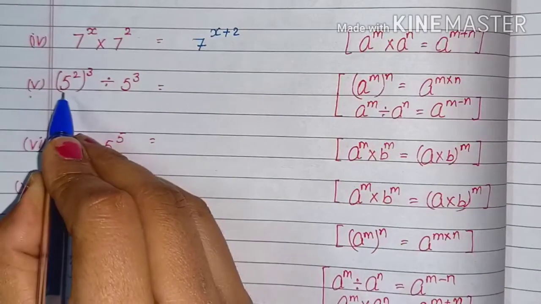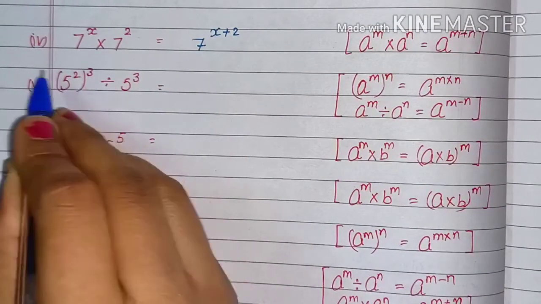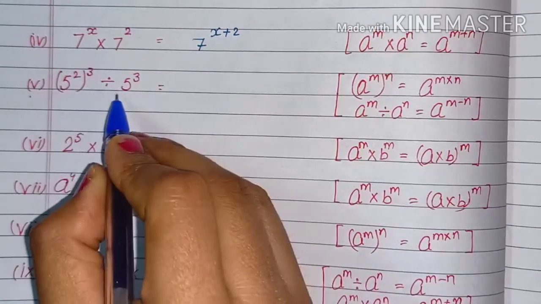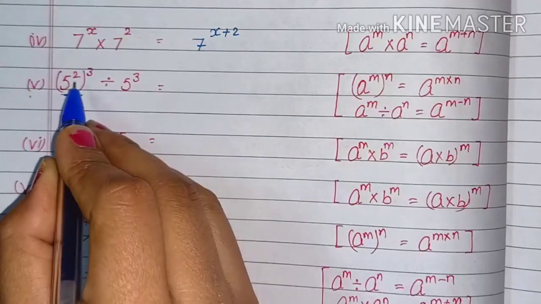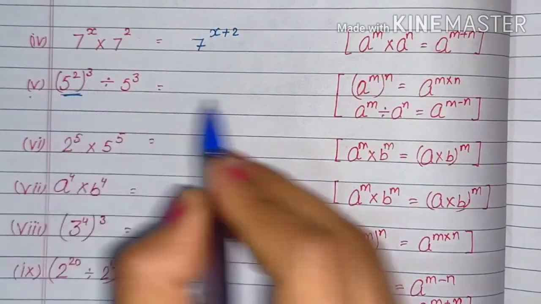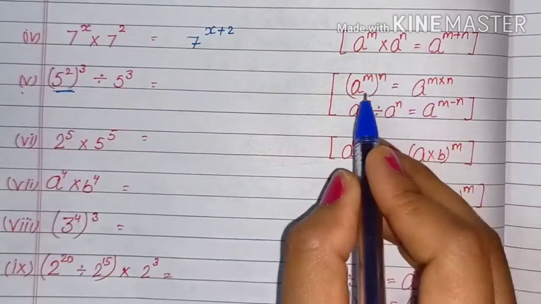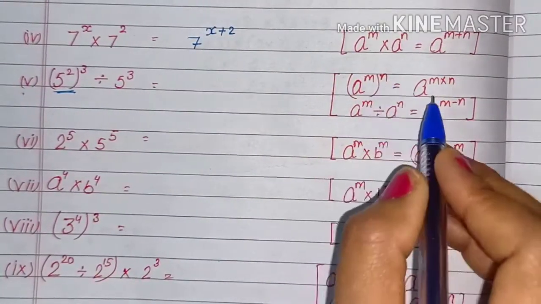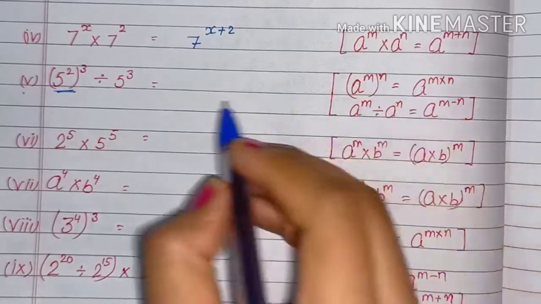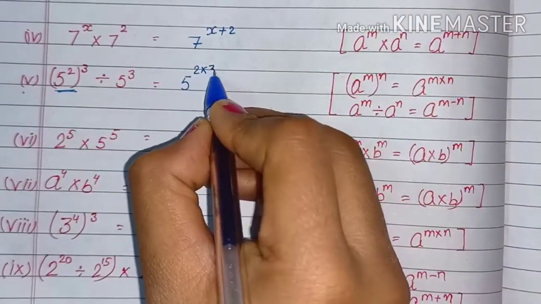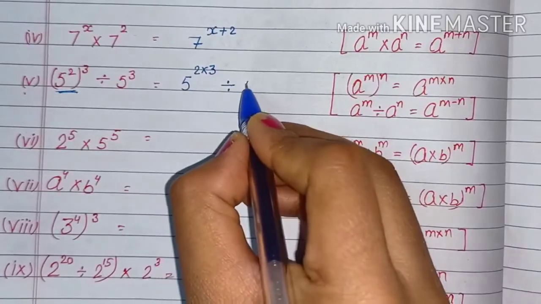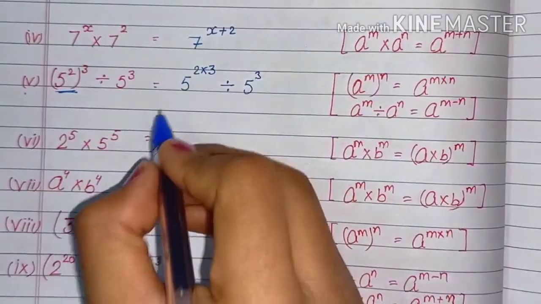In the fifth part, we have 5 raised to power 2 and then again power 3, divided by 5 raised to power 3. First we will solve this. If it is power of power, then we will multiply the powers. Using this law, a raised to power m, to the power n, we will multiply the powers. So here it will be 5 raised to 2 multiplied by 3, and keep the same, divided by 5 raised to power 3.